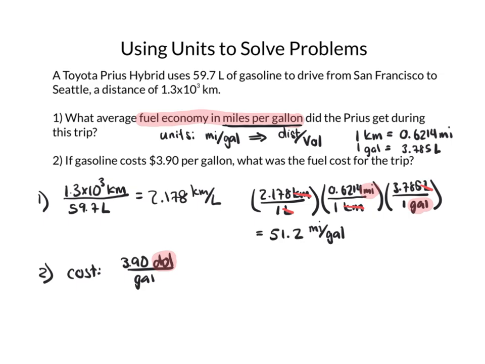So what I'm going to want to do in order to solve this problem is to take the cost times the volume of fuel that I used, because gallon is a volume. But I want that volume to be in gallons, not in liters. So I'm going to need to convert 59.7 liters into gallons, and then I can take the cost times the volume, and then I will get an answer that is in dollars.